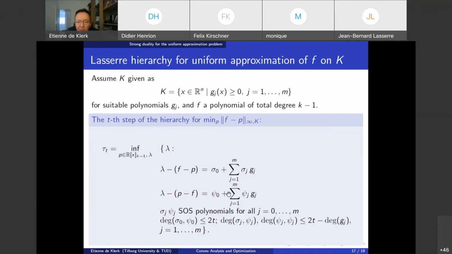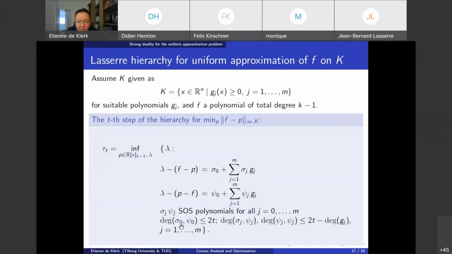This non-negativity condition is relaxed to some Putinar type condition: instead of being a non-negative polynomial on the set K, we say it can be written as a sum of squares plus sums of squares times the gj functions, which are non-negative on K. Obviously, if this thing is of this form, then it's non-negative on K, but the converse is not necessarily true. And then we get the hierarchy indexed by t, by allowing larger and larger degrees of these sums of squares polynomials.